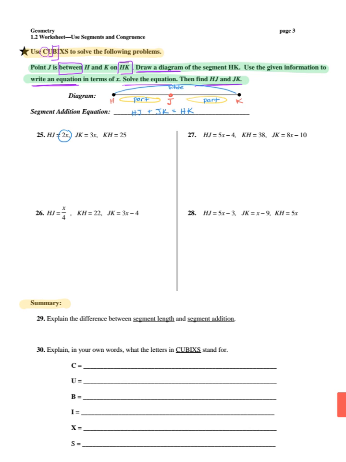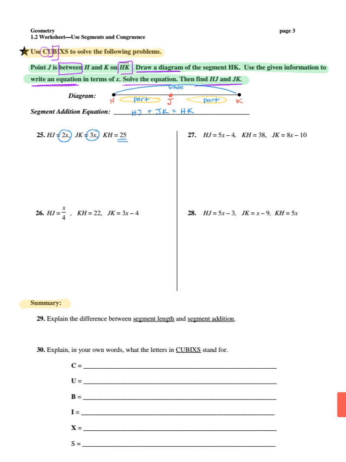Then it gives me information about JK, and I look up here at my equation, and JK is the other part. So I'm going to circle the 3x. And then it gives me information about KH, which is 25. KH is the whole part at the end. That means I'm going to underline my 25.